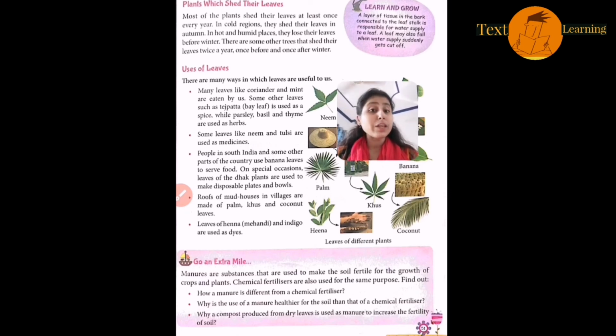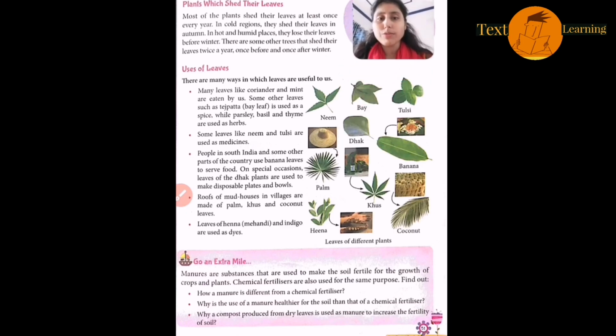A leaf may also fall when the water supply suddenly gets cut off. When the leaf does not get proper water supply, then the leaf will dry or fall off.